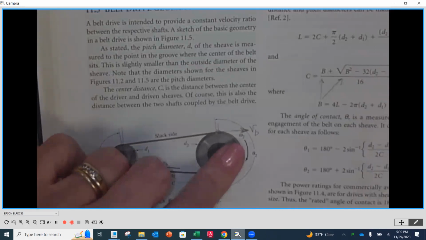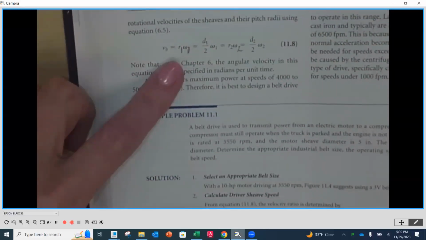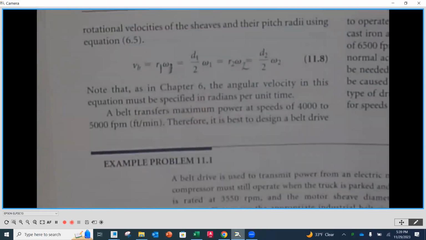To calculate that, knowing a rotational speed and how far away from the center of rotation it is, look at what that equation looks like. Our velocity of our belt is going to be the radius of the driver, if I'm looking at the driver, times the angular speed of that driver in radians per second, not RPM.